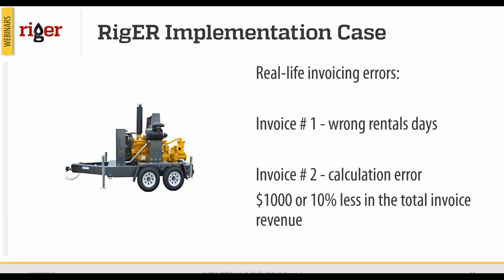But again, since they allow you to do pretty much everything manually, you may get some problems with correct calculation, and also it takes a lot of time to calculate manually all the fees and services. So RigER system does this for you automatically, and this significantly reduces the risk of understatements on the invoices.